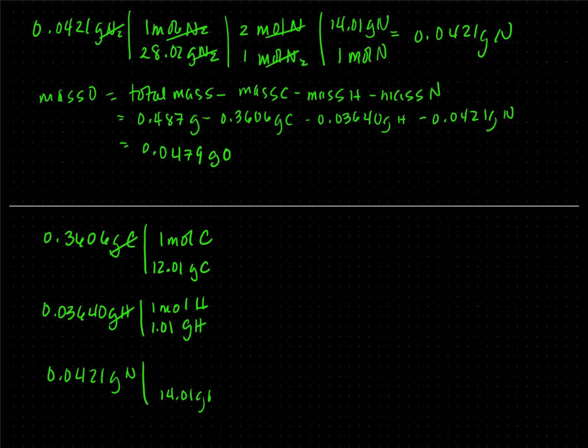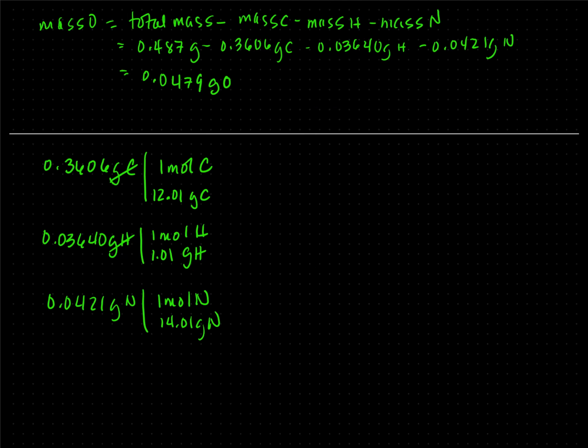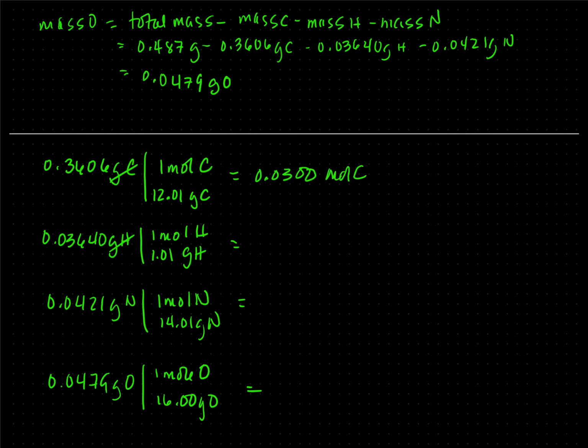14.01 grams of nitrogen, 1 mole of nitrogen. Last one is 0.0479 grams of oxygen, 16.00 grams oxygen to 1 mole of oxygen. So if we multiply all these out, for carbon you get 0.0300 moles of carbon.